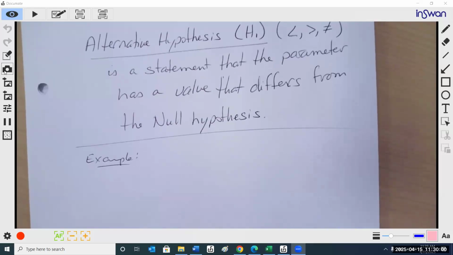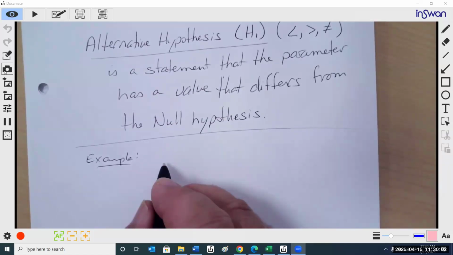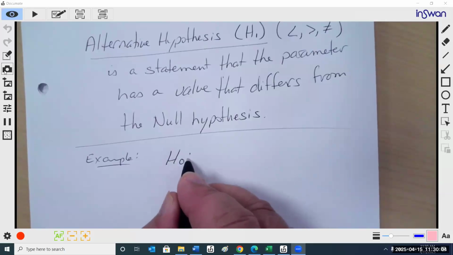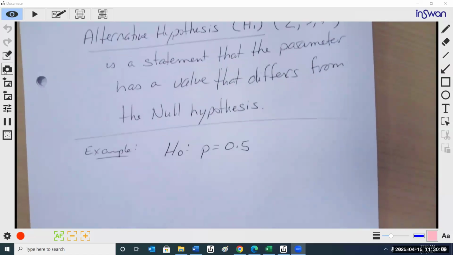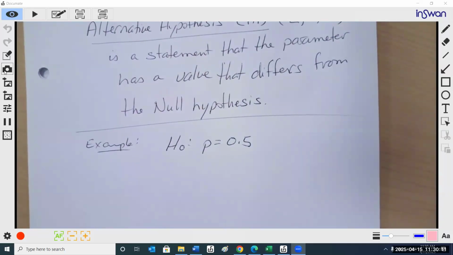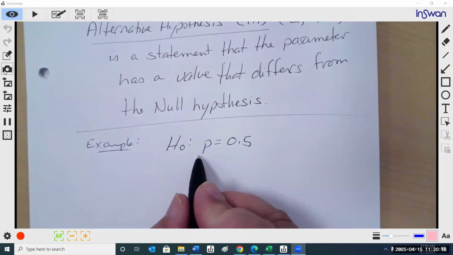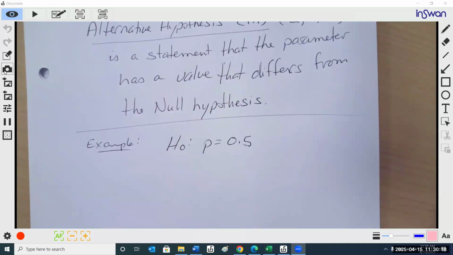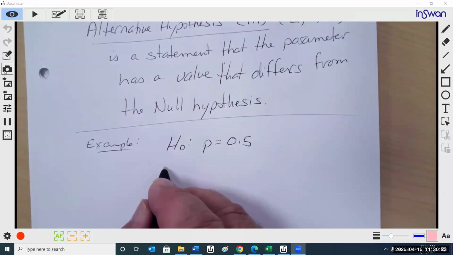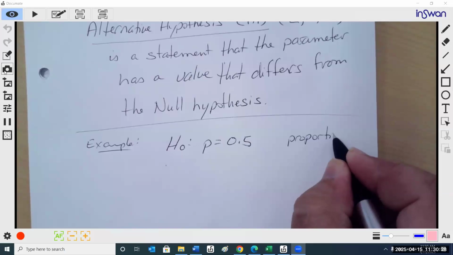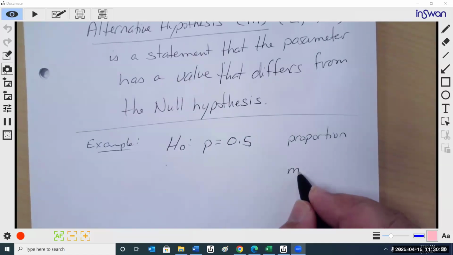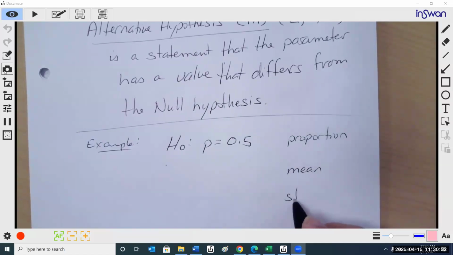Example. This is an example of a proportion. The proportion of the population is 0.05. Remember, we also have mean and standard deviation to talk about.